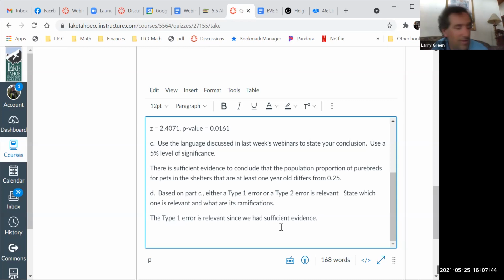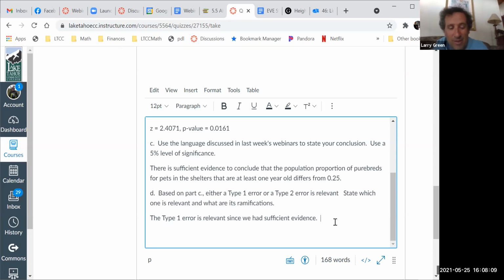Any thoughts? I don't see you all jumping in. Okay, you kind of have to use your imagination a little bit, but the key is to make sure it's relevant to a type 1 error.